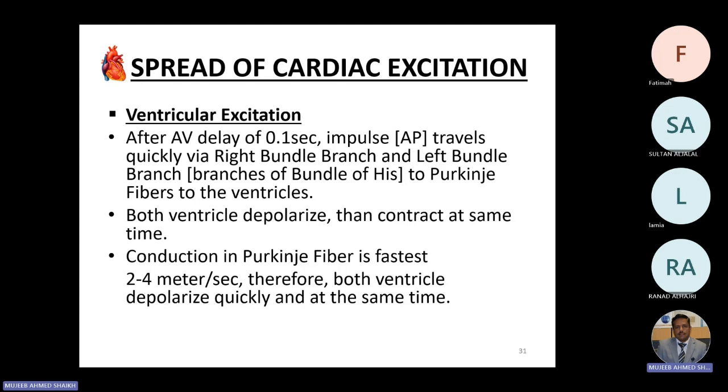So followed by that, the ventricles will get excited. There will be faster conduction after the AV node finishes. Then through the right and left bundle branches, the speed will become very high so that a large area of the ventricle is covered by depolarization, and all the ventricles will depolarize together and start to contract together.